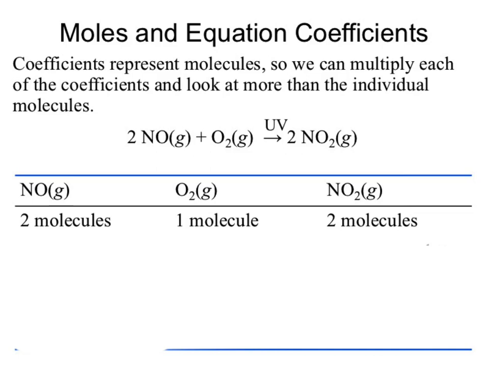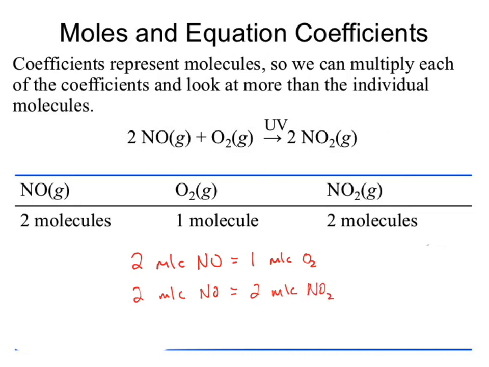That's actually an equality. In fact, that's multiple equalities. What I'm saying is 2 molecules (I prefer the abbreviation MLC for molecule) of NO equals 1 molecule of O2. I also know that 2 molecules of NO equals 2 molecules of NO2.